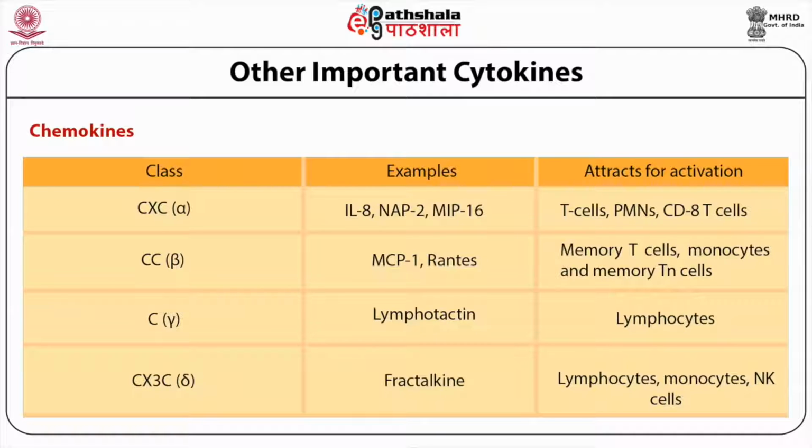Receptors for chemokines are also integral membrane proteins, and the signal transduction operates via the mediation of G protein. So these molecules activate and direct effector cells to the infection or tissue damage sites. These also control leukocyte migration in the tissues.